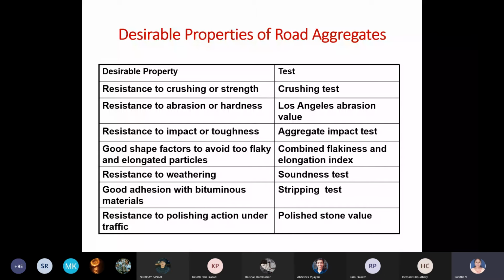It should stick to it with a very thin film. Suppose this mixture of aggregate and bitumen is mixed with water. Sometimes if the water has more affinity towards the aggregate than the bitumen, then what will happen?